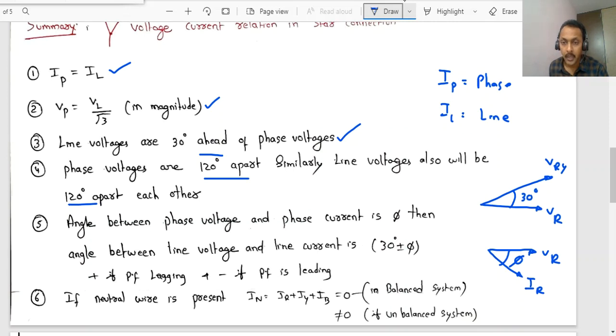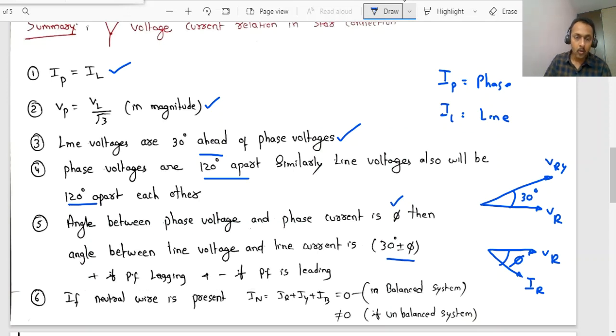It will be 30 plus or minus phi. Don't bother about the angle between the line voltages and line currents. The angle between phase voltage and phase current is phi, and that angle will be positive if the power factor is lagging, and negative if the power factor is leading. Clear?